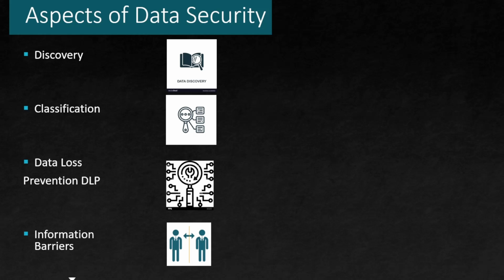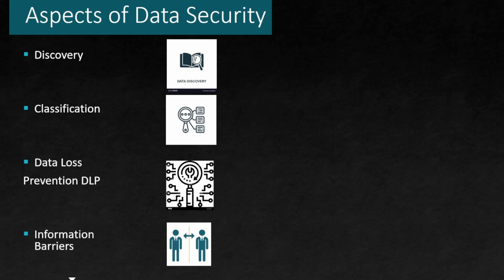Then data loss prevention is a security solution identifying and helping to prevent unsafe and inappropriate sharing, transfer, and use of sensitive data. It is important for monitoring and protecting sensitive information across various platforms and for achieving compliance with regulations such as HIPAA and GDPR.